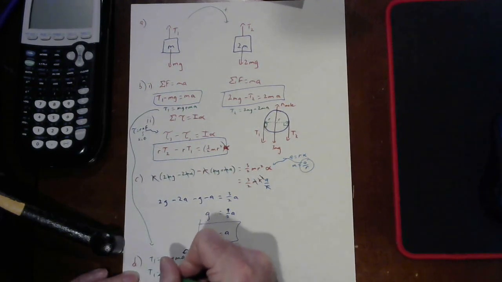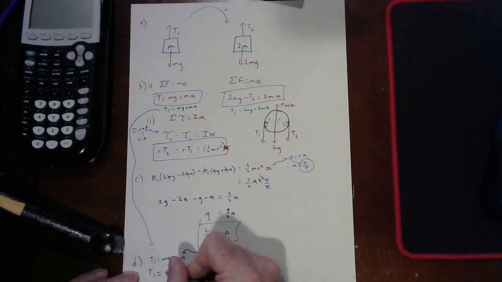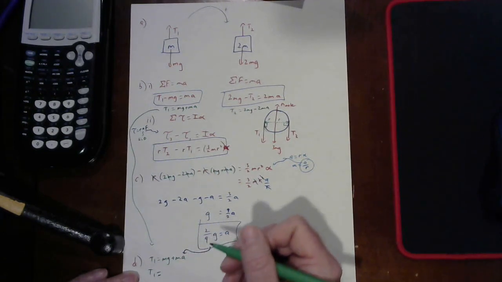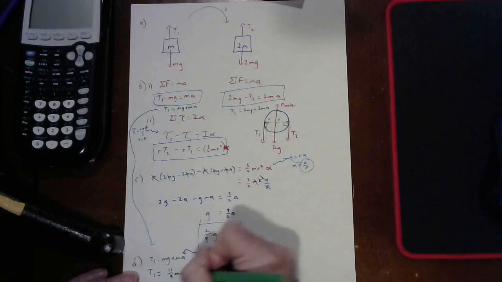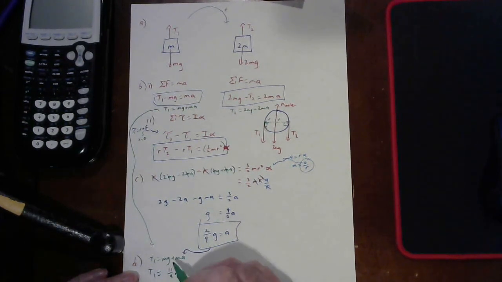So T1 is mg plus m times 2/9 g. So that's a 1g and a 2/9 g. That's 11/9 g, or 11/9 mg. Right, yes. Is that okay? Hope that's okay.